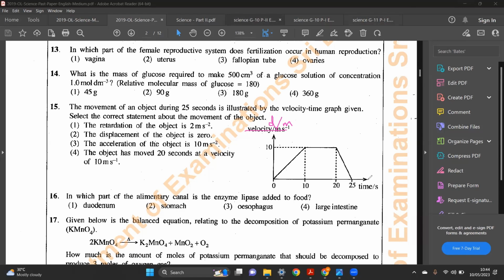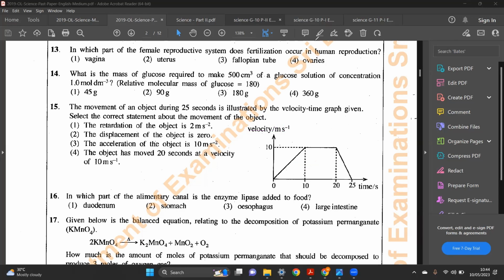And remember, when it comes to a velocity time graph, the area under the graph will give you the displacement. If it's a displacement time graph, the area under the graph will give you the velocity. Just keep those points in mind, and then pretty much is the same.